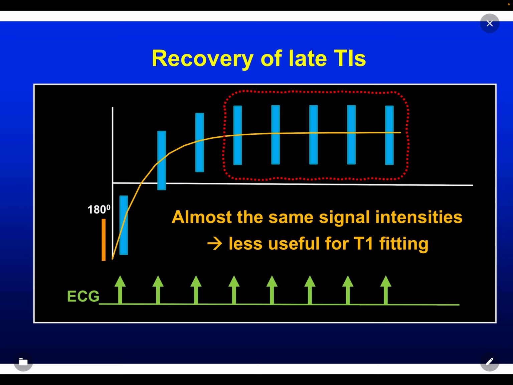But just wait one more minute. See, for the last 5 images, they have almost the same signal intensities. So they are actually less useful for T1 fitting. So we need some more modifications for that.